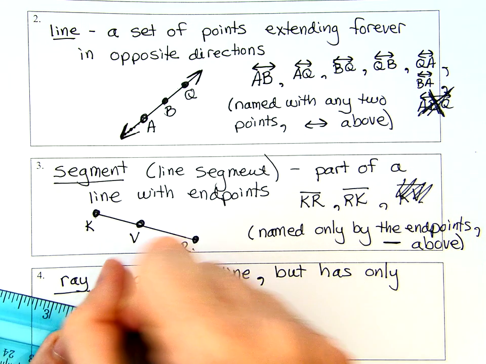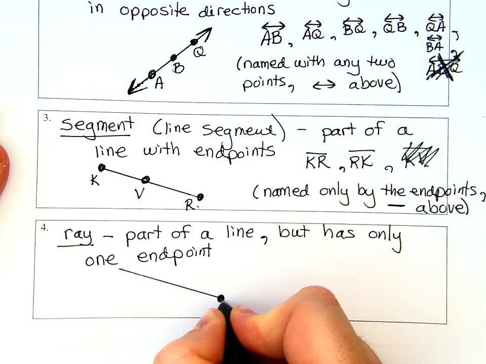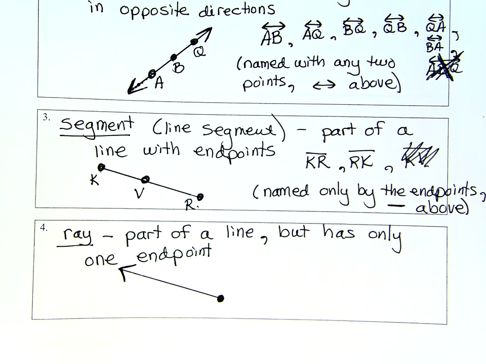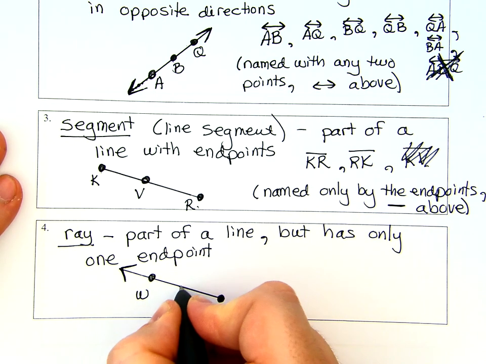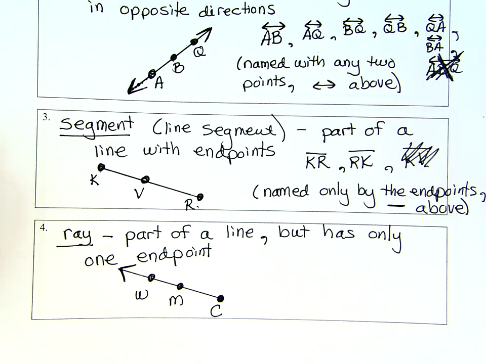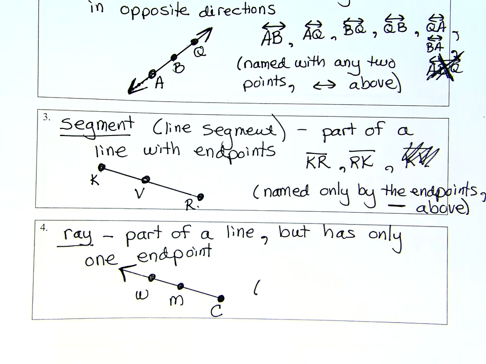I'm going to do one of these. I'm going to put an endpoint over here, and I'm going to put an arrow over there. W, M, C. Part of a line, but has only one endpoint.